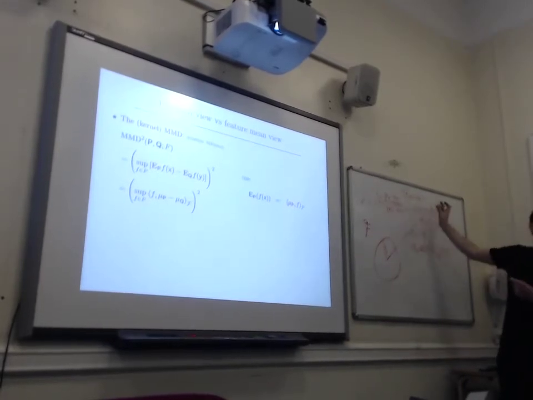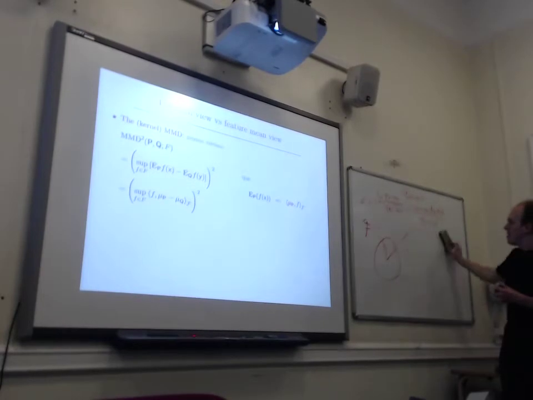And the inner product of something with itself is just the norm squared. This is the norm, so then I end up with just the norm of mu P minus mu Q. So this business here is equal to the norm of mu P minus mu Q.